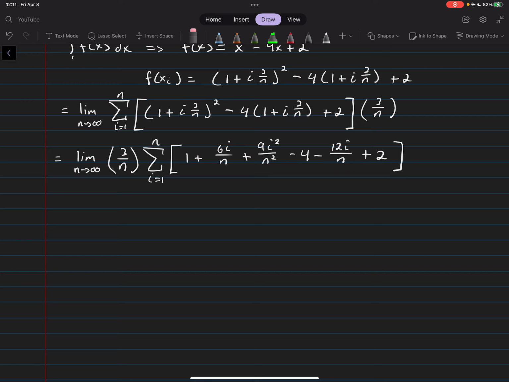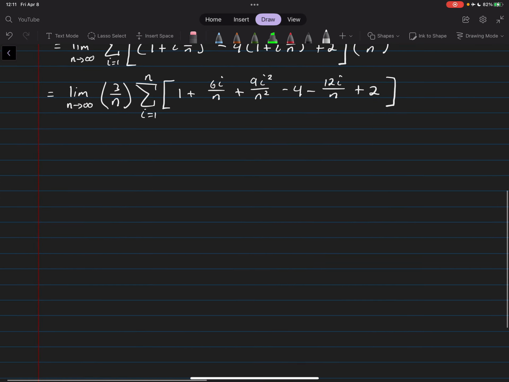And we still can't do anything with this 3 over n yet because we're still trying to figure out some stuff in here. So moving down to the next line, we have the limit as n goes to infinity of 3 over n times the summation i equals 1 to n of the quantity, whatever you want to use to describe it.